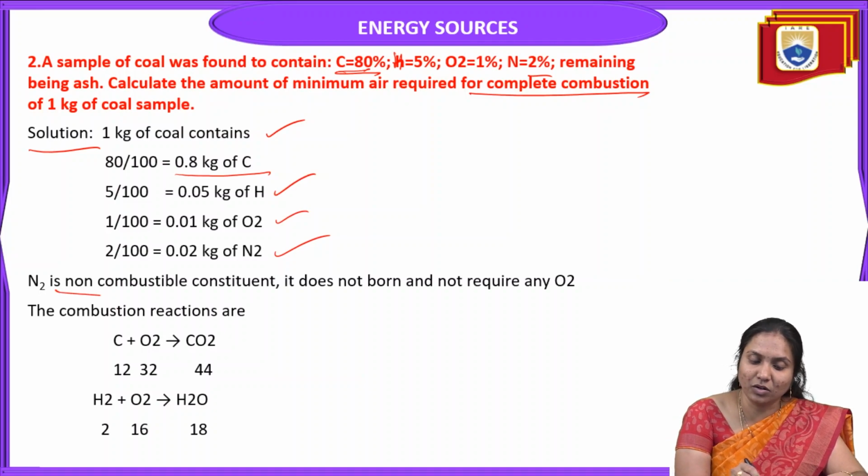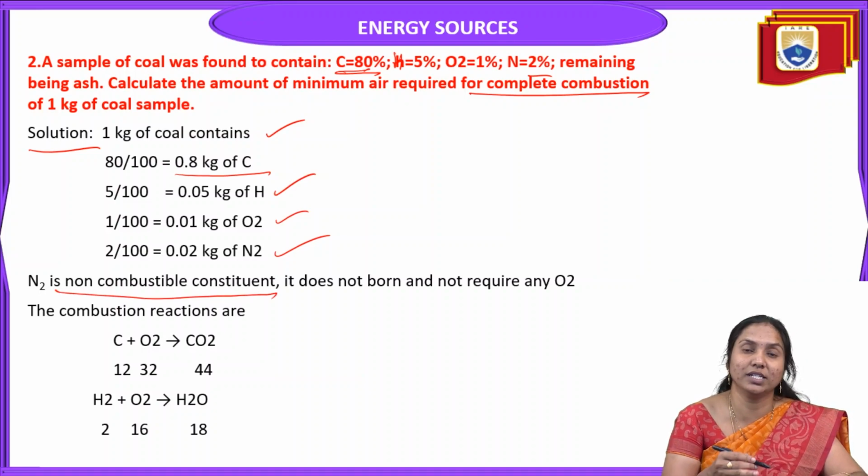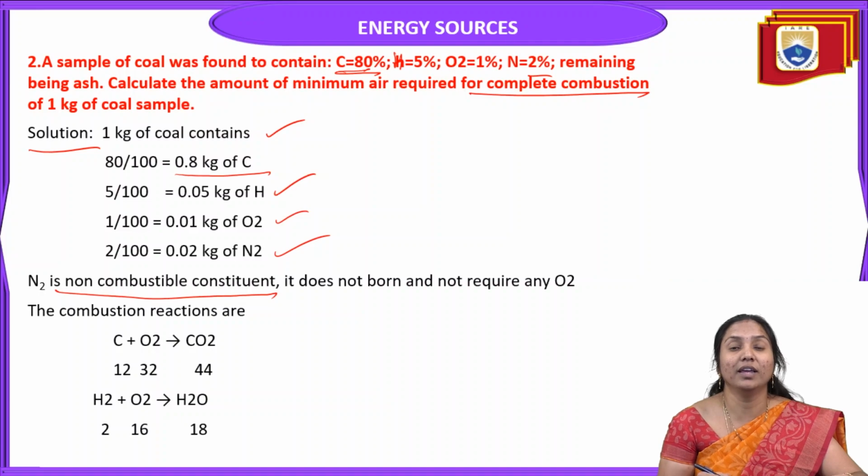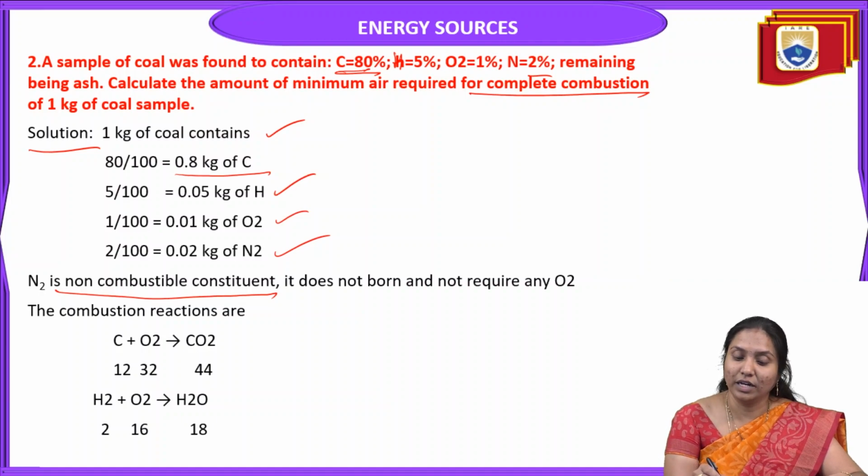Nitrogen is a non-combustible constituent, as we already discussed. If nitrogen is present in the fuel data, we can ignore it because it does not burn and does not require any oxygen.